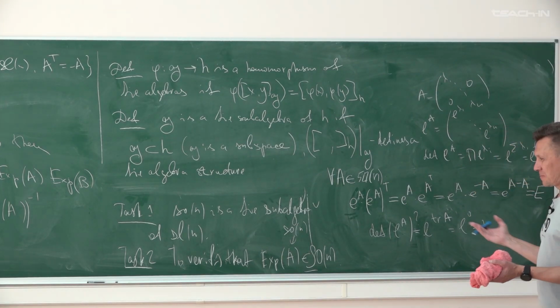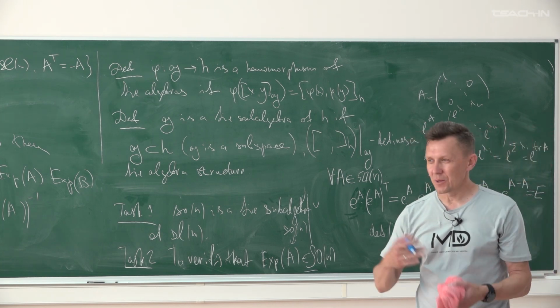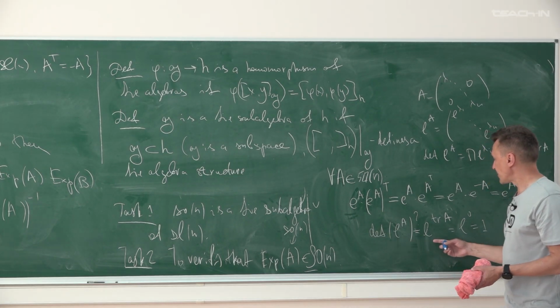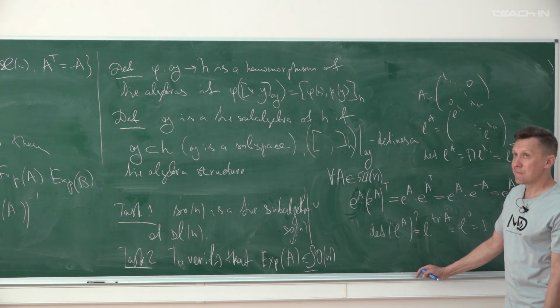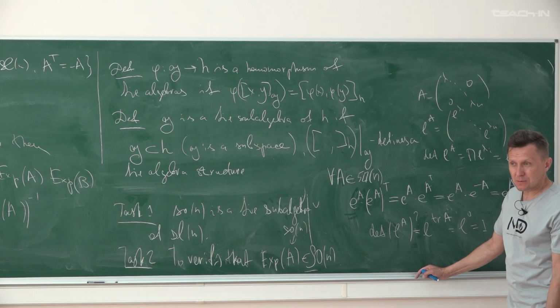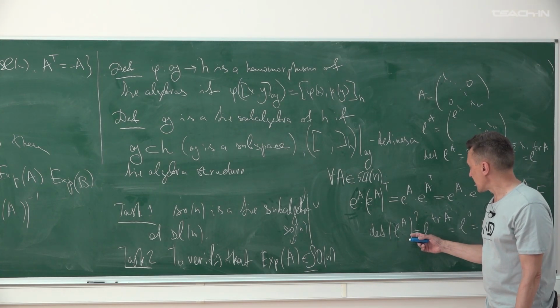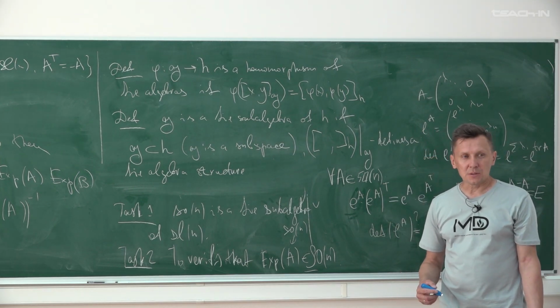But there are matrices which couldn't be put in diagonal form. But you see, if you consider it as an equality on the space of matrices, it is satisfied almost everywhere.